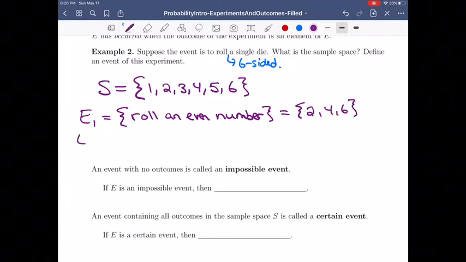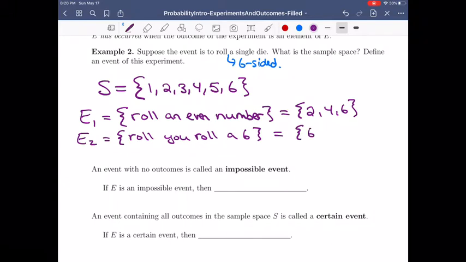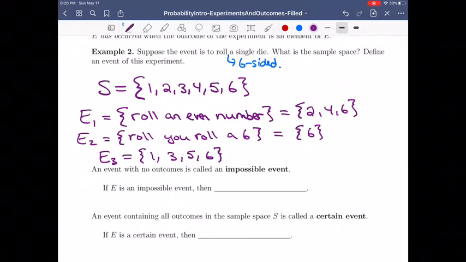You could have E2 be the event you roll a 6. Then E2 just has the outcome 6. Or maybe you just want to define an event by its outcomes. E3 is the event that 1, 3, 5, or 6 is rolled. You can do these any way you want.